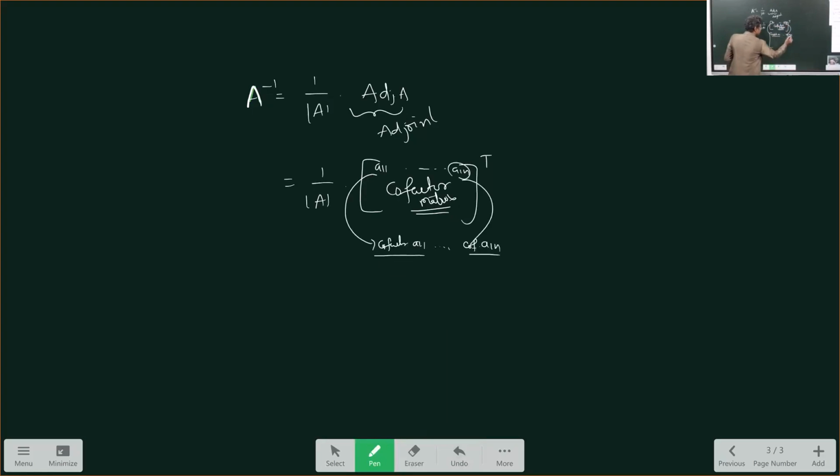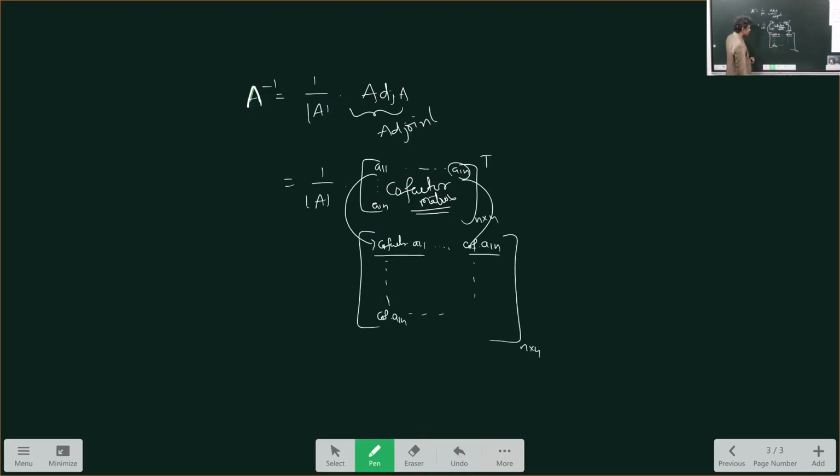Then I get a big matrix of the same order, an n cross n matrix, with all the elements filled. Here A1n is replaced with the cofactor of A1n.